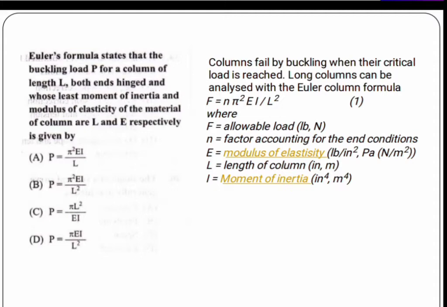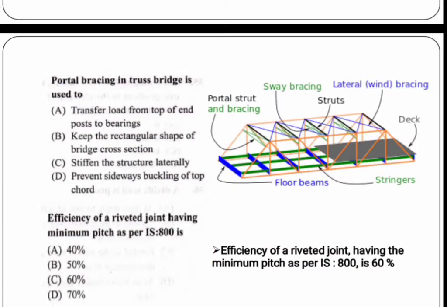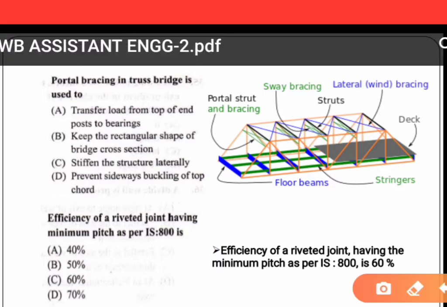Okay. Now proceeding to the next question. Portal bracing in a truss bridge is used to transfer load from top of end post to bearing, keep the rectangular shape of bridge cross section, stiffen the structure laterally, or prevent sideways buckling of top chord. The correct answer for this question is option A, transfer load from top of end post to bearing.